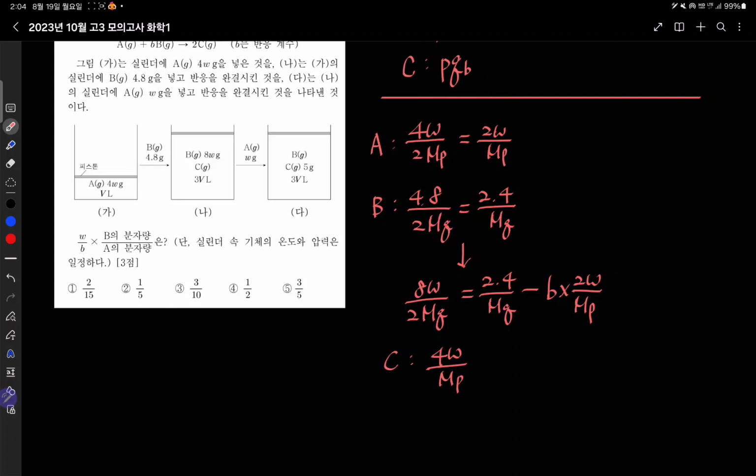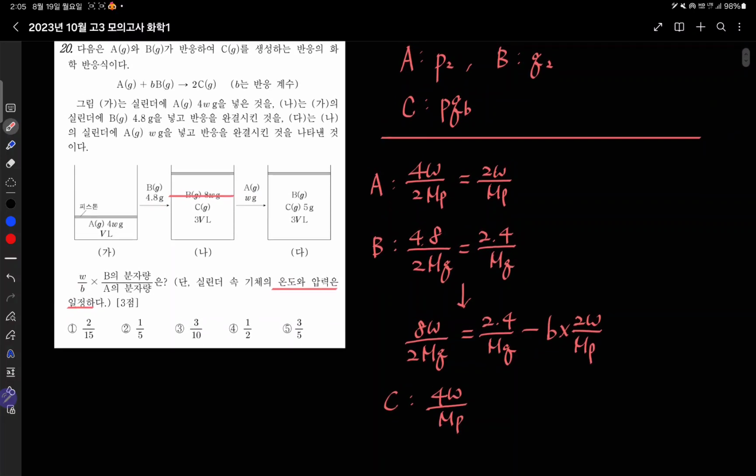And in the case of gas reaction, if the temperature and pressure is constant, volumes are proportional to the number of moles. So when V liter of gas A is consumed, 2 times volume of gas C is produced.